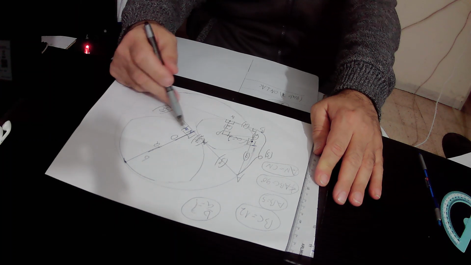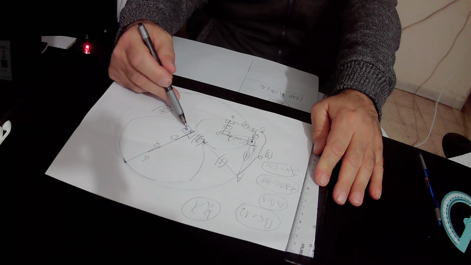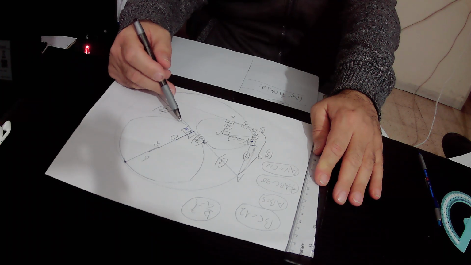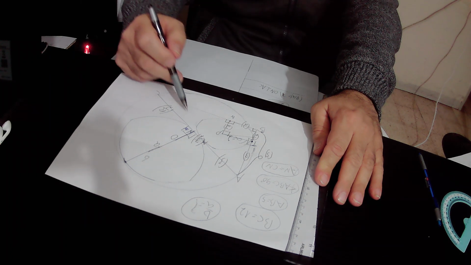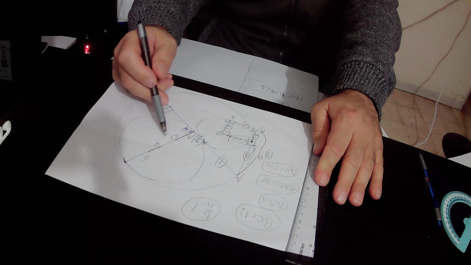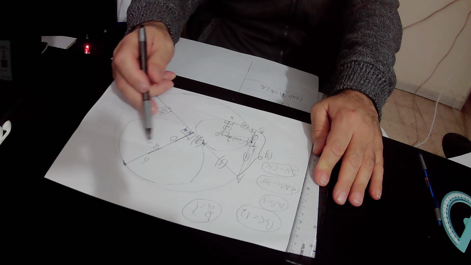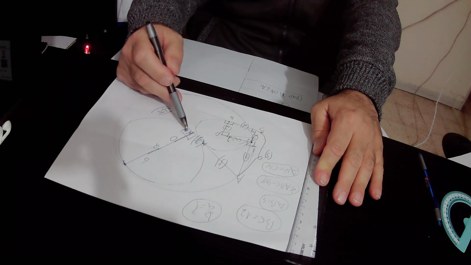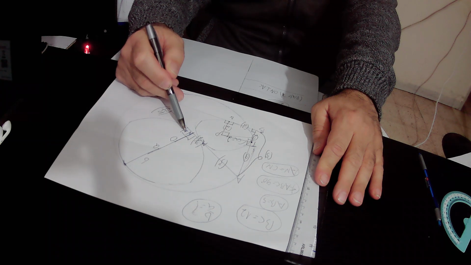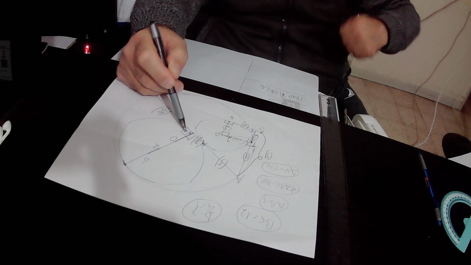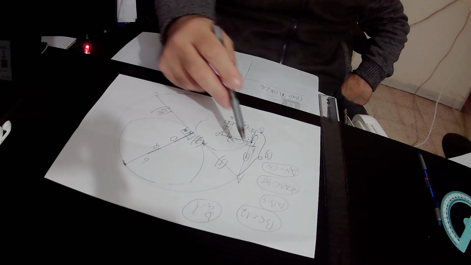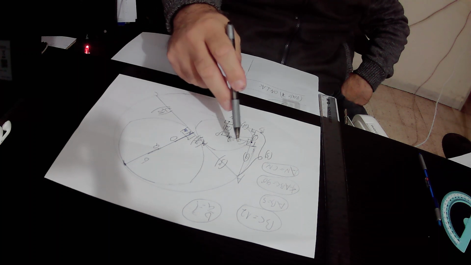And whenever you have a radius that is drawn to the point of tangency, like here, then tangent AC will be perpendicular to the radius NQ. If AC is perpendicular to NQ, it means that this angle equals 90 degrees and this angle equals 90 degrees. So we can write down also that the radius QN is also perpendicular to AC.